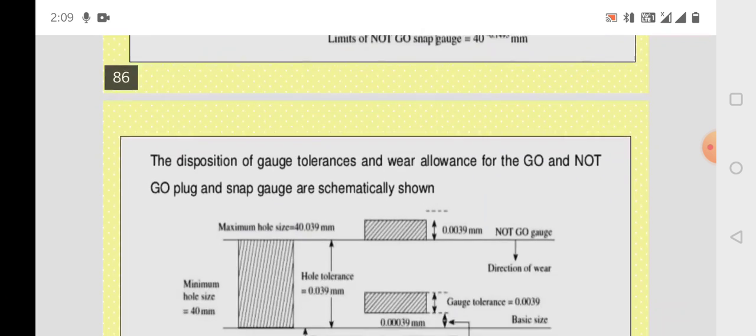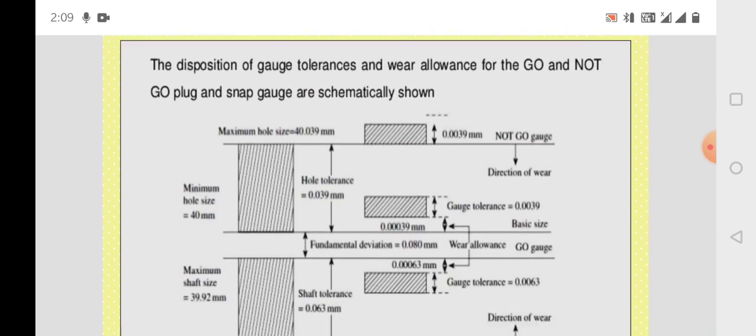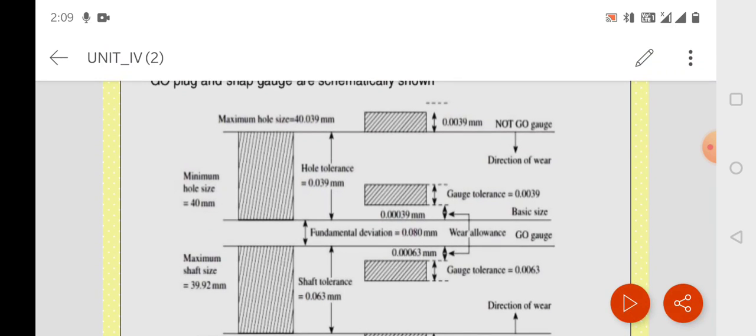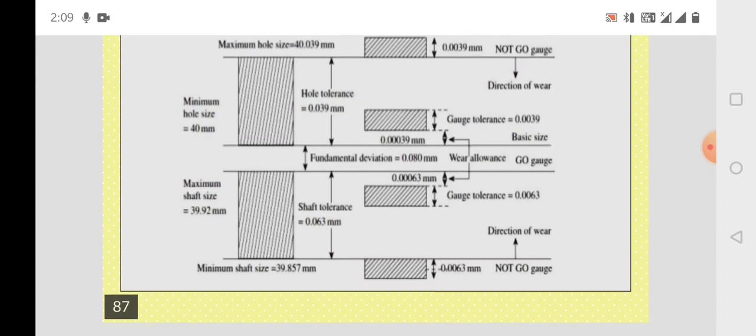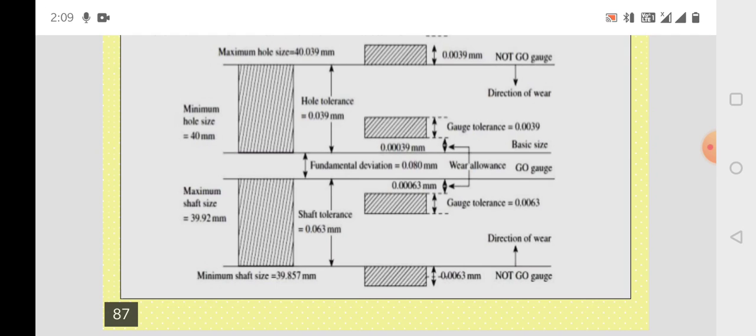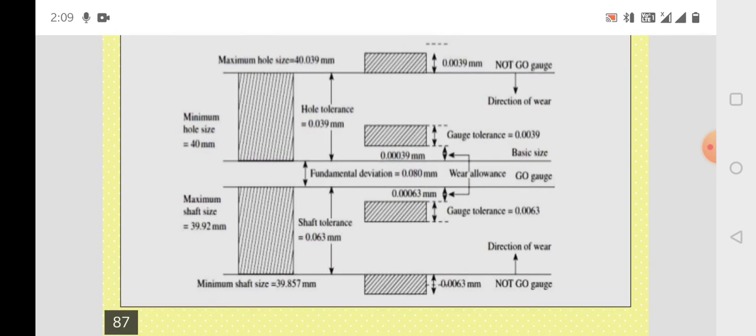So this is the diagram through which we can represent the same diagram which we have seen earlier, but here the values are given. As in this problem we have calculated the go gauge and no go gauges for the hole and the shaft, here the values are put for the shaded region and all this.